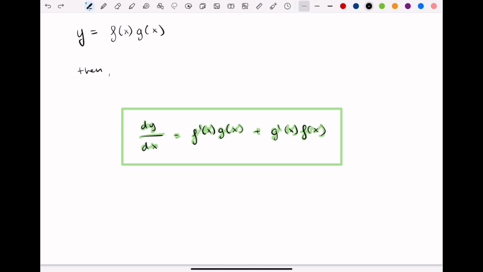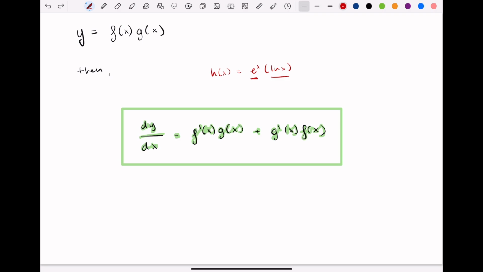So, for example, if we had a function where h of x is equal to e to the x times ln x, then we can say e to the x is f of x, and g of x is ln of x.